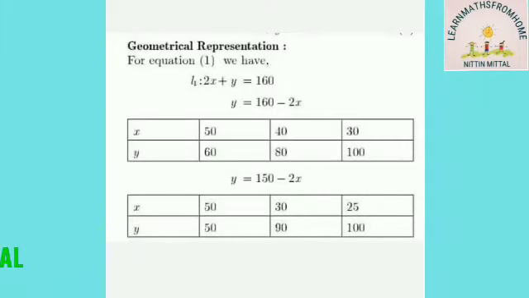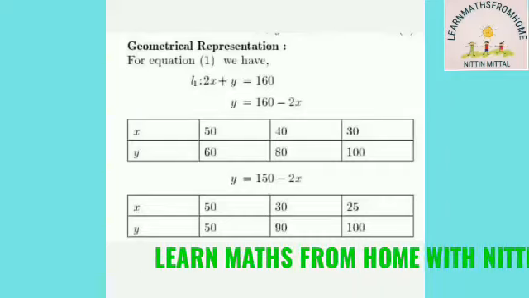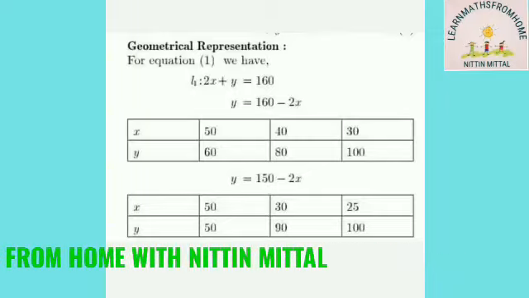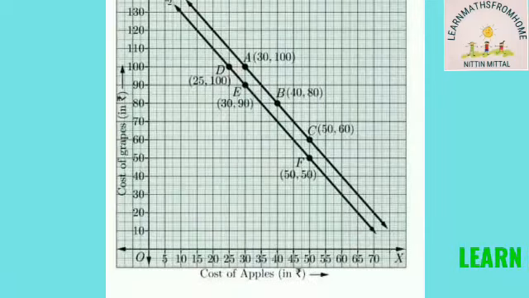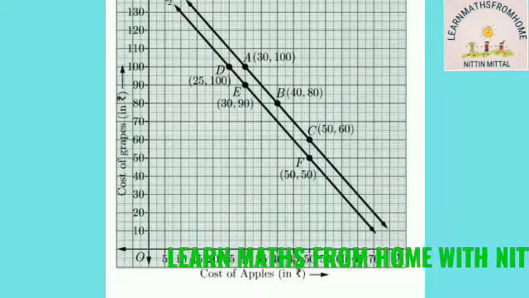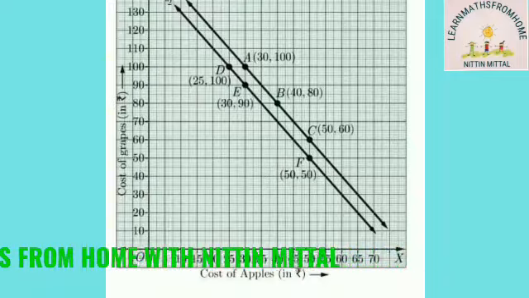Now the graphical representation of question number 3 is here with us. So for equation 1 we found the 3 solutions, and same we did for equation 2, as you can see, and then we will be plotting it on the graph paper. So here is the graph. So you see L1 and L2 lines represent the graph of the 2 equations.